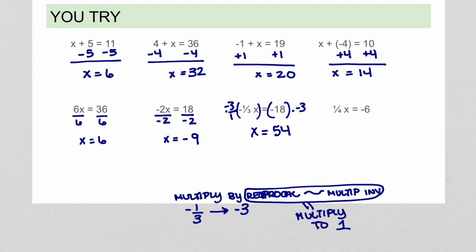So what is the multiplicative inverse of 1/4? It is 4. So that means we want to take both sides times 4. So 1/4 of 4 is just 1. I've got x on the left side. And then a negative 6 times a positive 4 becomes a negative 24.